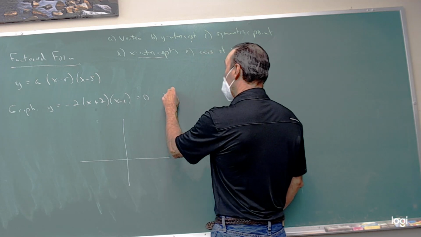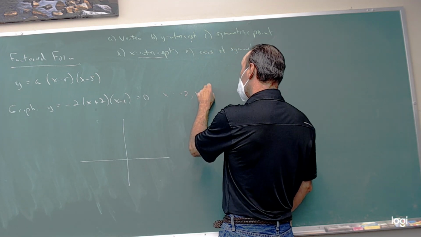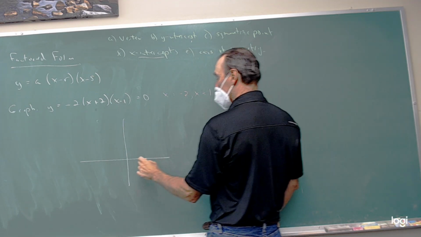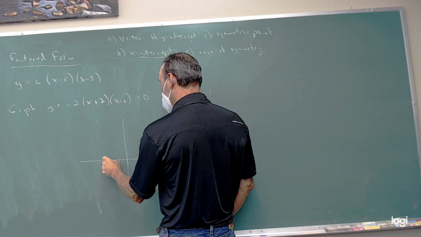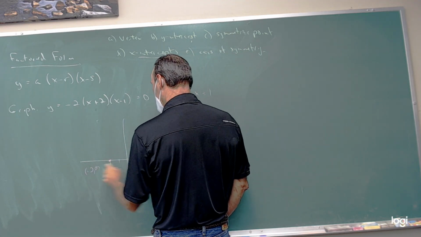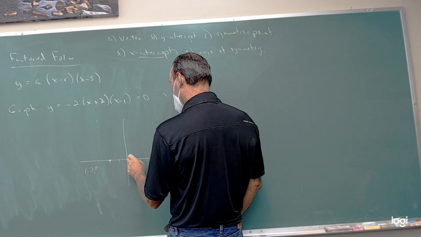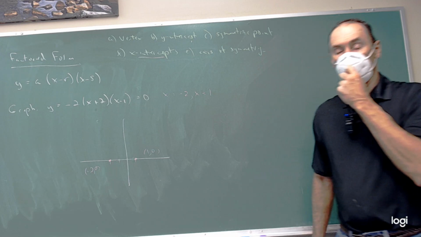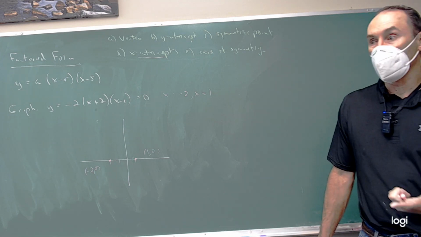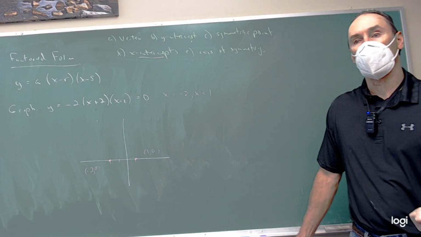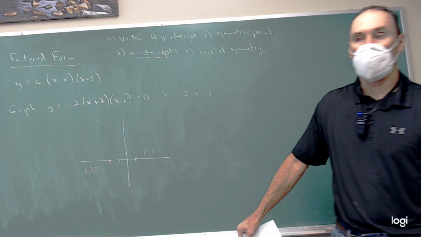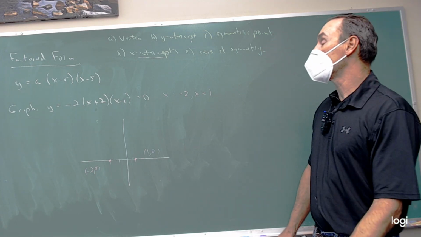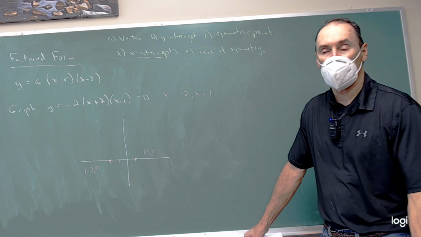So x equals negative 2, x equals positive 1. So our x-intercepts are negative 2, 0, and positive 1, 0. What is oftentimes a difficult thing to find, particularly when we have to use the quadratic formula, is really simple when the equation is given to us in factored form.